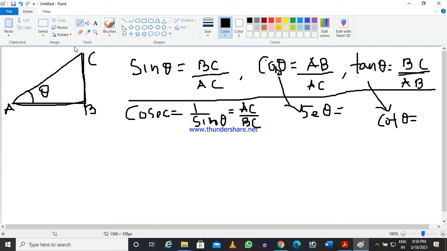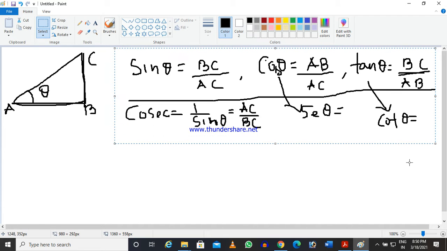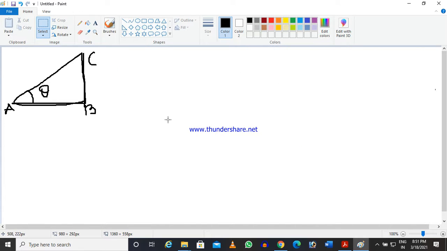Okay. Now we will learn very few fundamental formulas. So sine square theta plus cos square theta, we have to prove that it is equal to 1.